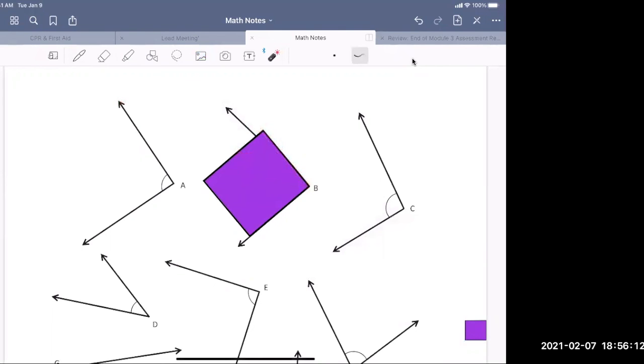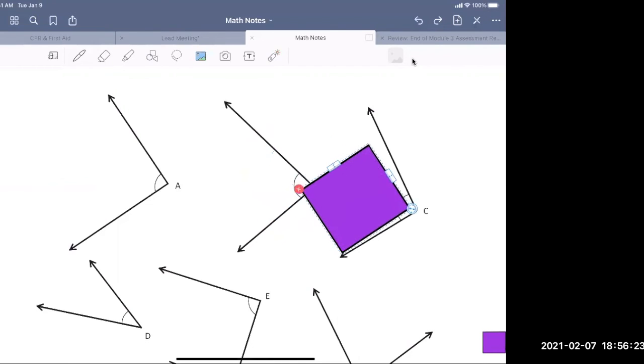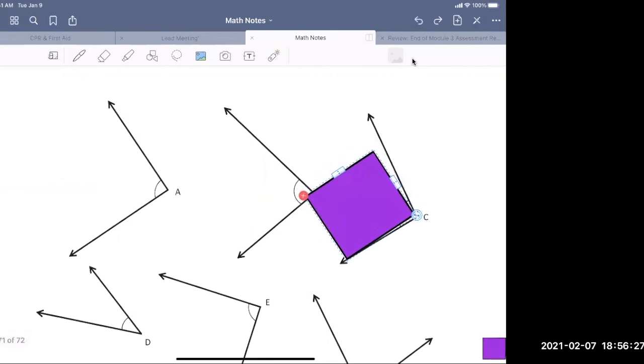Okay, so let's try it on C. And then I want you to test your squares out on your own. So C, we have C lined up here.